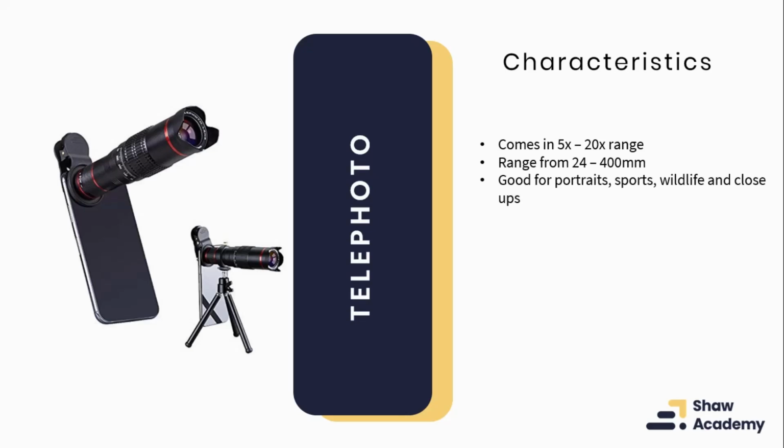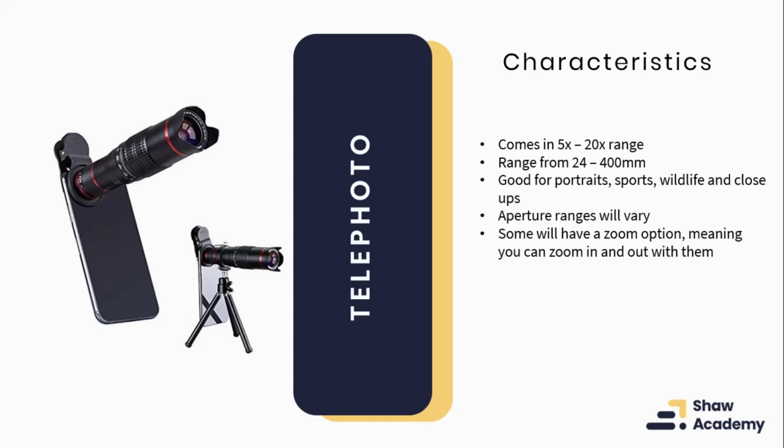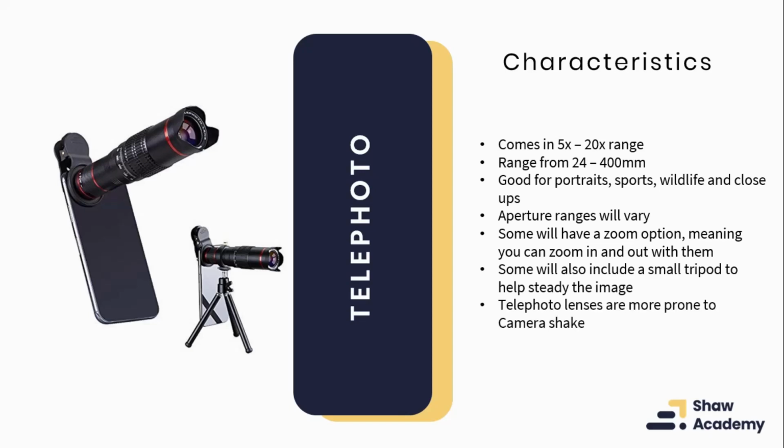As we've mentioned before, it's great for sports, portraits and so on, but in this case, we're going to be looking at wildlife. Some will have a zoom option, meaning that you can zoom in and out with them, so you're not just fixed on one focal length, you can actually have a range. And some, as you can see here, will include a small tripod to help you steady the image. Now, telephoto lenses are more prone to camera shake.